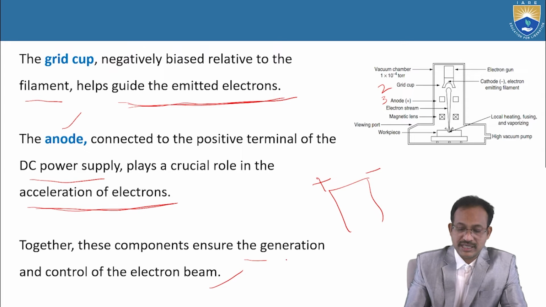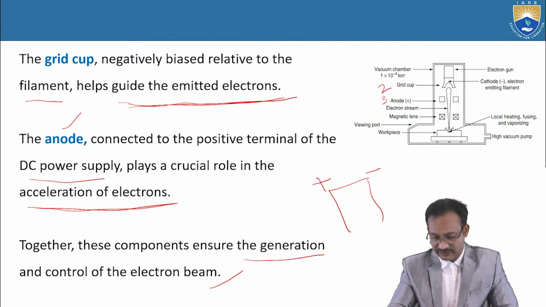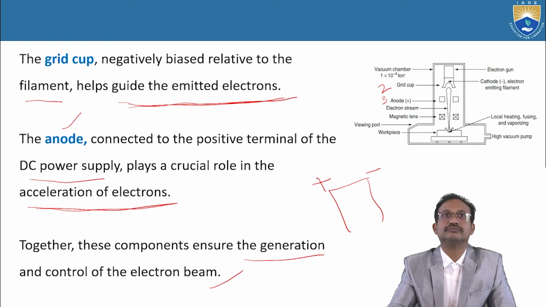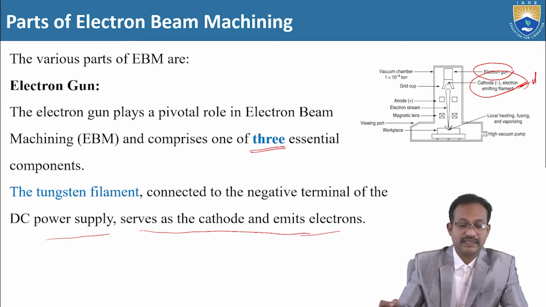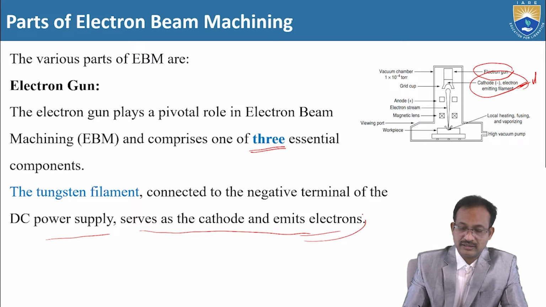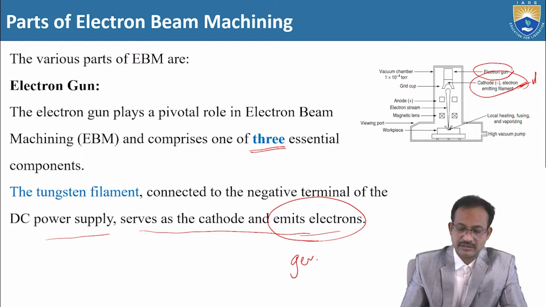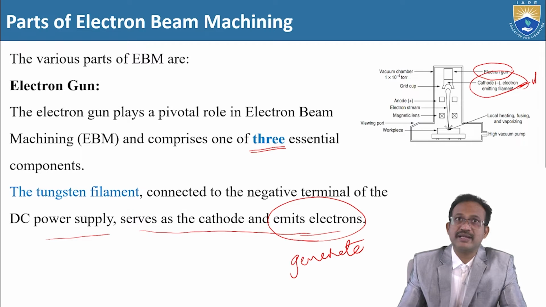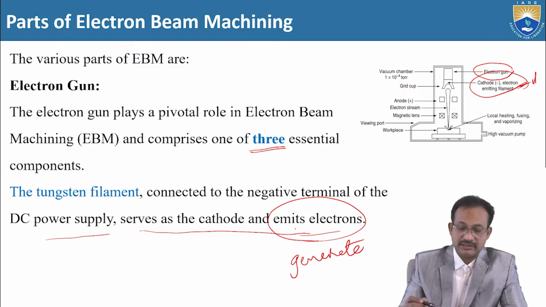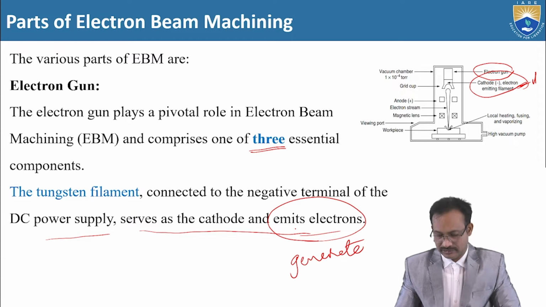Here, generation means the tungsten filament emits the electrons, that is, generates the electrons.